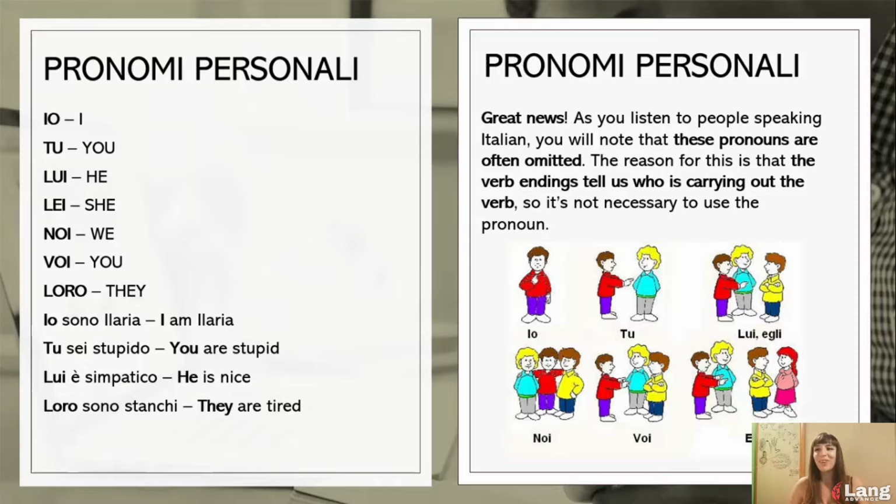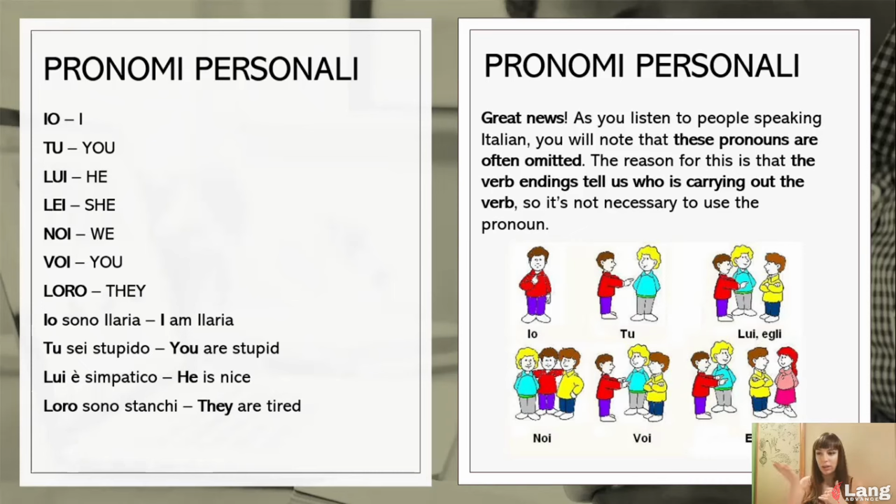Great news. Okay, as you listen to people speaking Italian, you will note that these pronouns are often omitted. The reason for this is that the verb endings that we are going to see in a couple of lessons tell us who is carrying out the verb. So it's not necessary to use the pronoun. Okay, I will make an example.